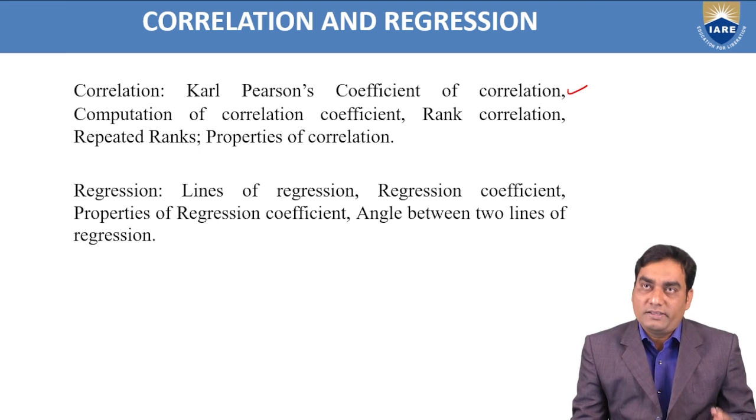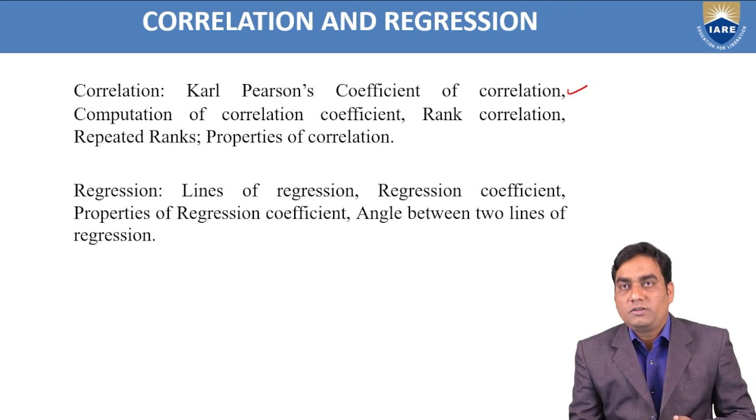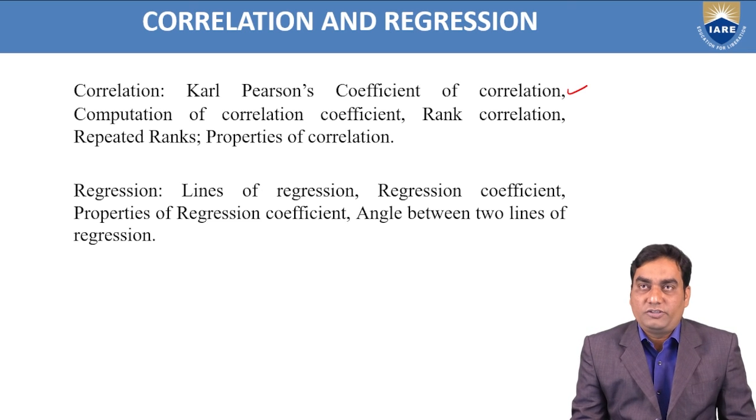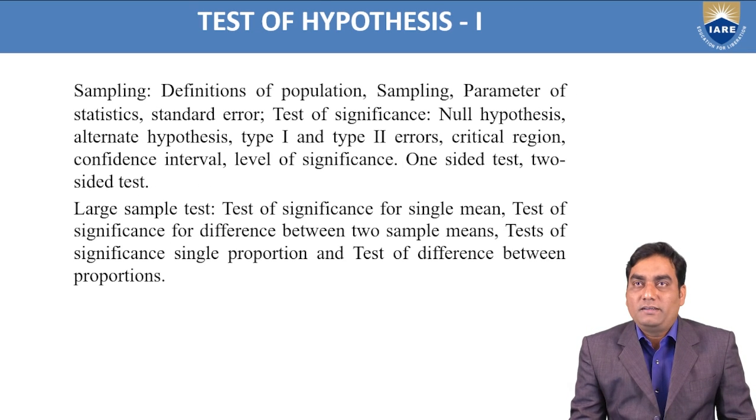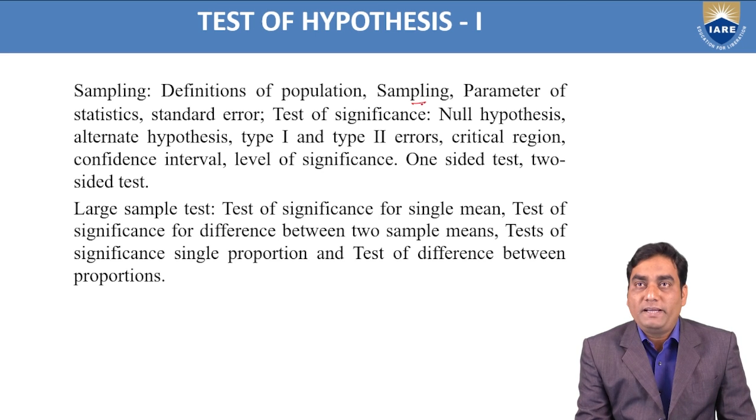Regression means we can express the relation between 2 variables by using lines of regression. And in sampling distribution, we also have the definition of population, sampling, errors, null hypothesis, test of hypothesis, types, and 2 different types of errors, type 1 and type 2 errors.